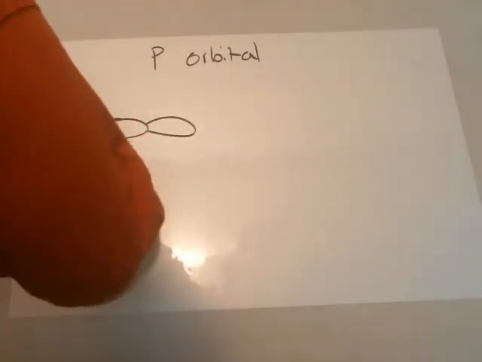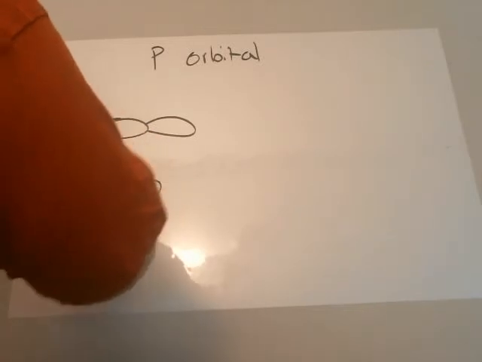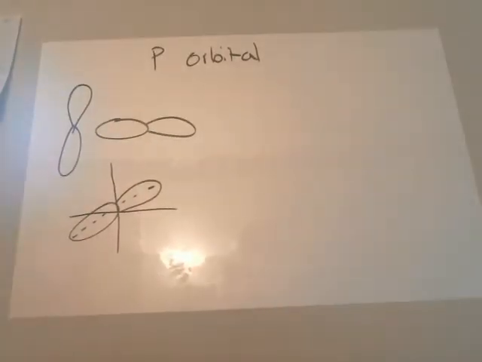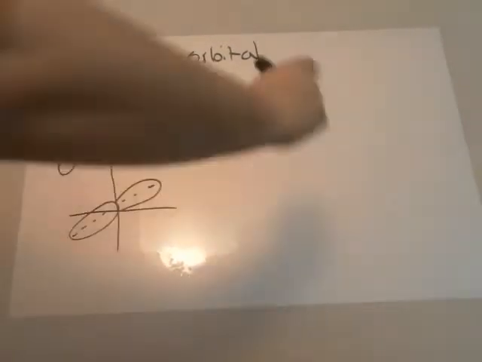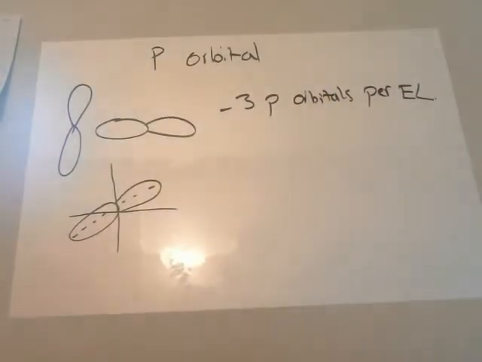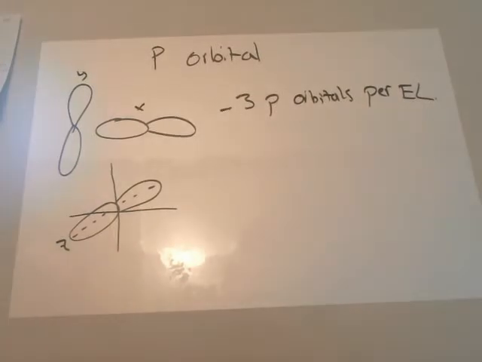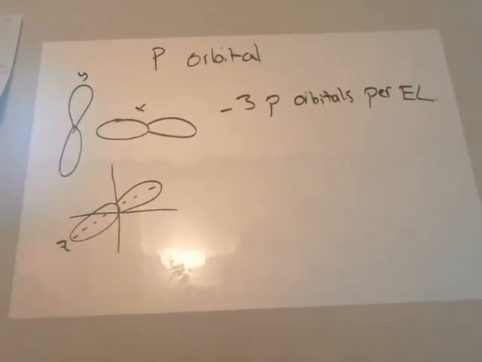And then there are 3 p orbitals per energy level, and they go along the 3 axes of the 3 dimensions, x, y, and z. So this would be your x, your y, and your z. Each p orbital can hold 2 electrons.